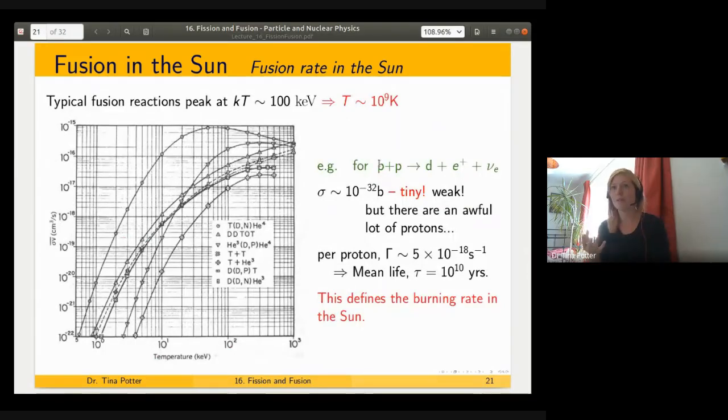There's so many protons, even if the probability for that to happen is very low, there's enough of them burning. So each proton, for example, has a lifetime of around 10 to the 10 years before it actually does undergo fusion. So understanding the rates of these processes will define the burning rate in the sun. Our understanding of these nuclear fusion processes and their rates helps us to understand what's going on inside the sun.